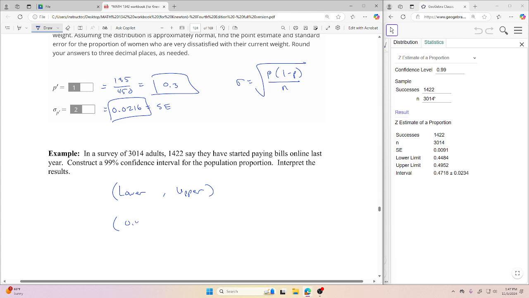Lower and upper. Again, I'm 99% sure, 99% confident that somewhere in there is the proportion of all Americans doing their bills online.